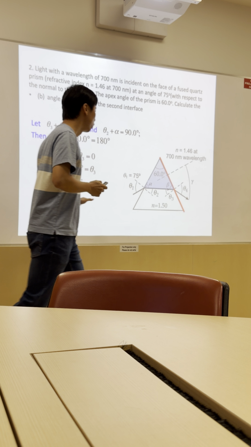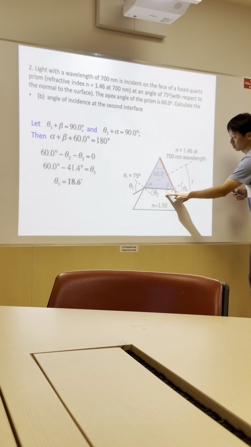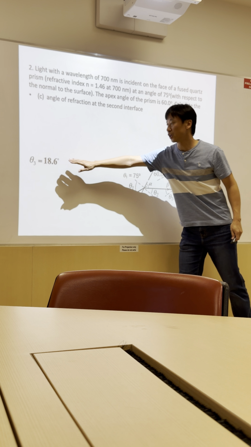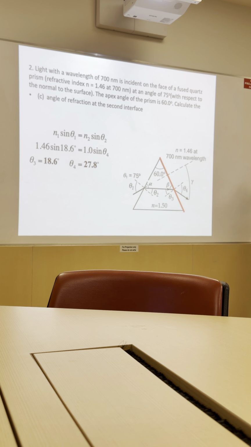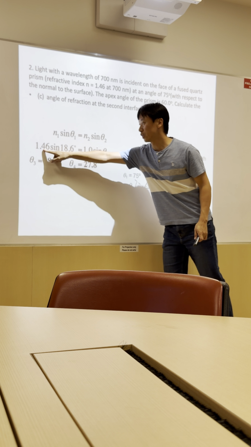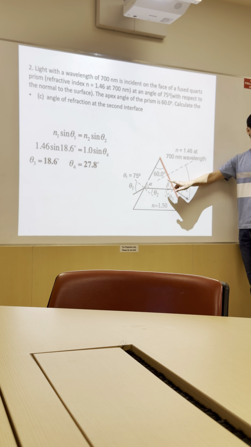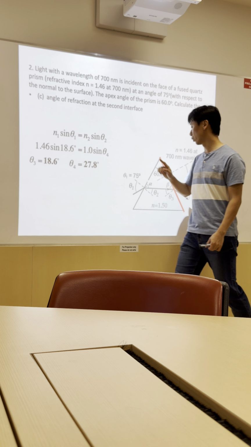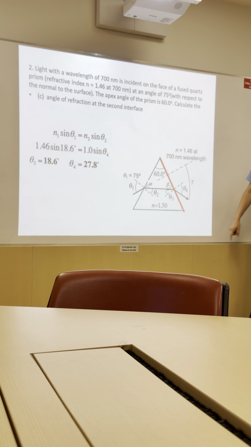Alright, now we know the angle of incidence of this beam, theta 3 here. Then let's use Snell's law again. N1, in this case, is 1.46 for this prism. Theta 3 is 18.6; this is the angle of incidence.